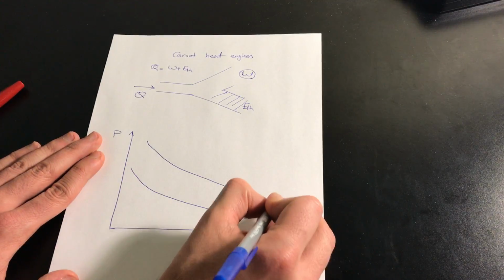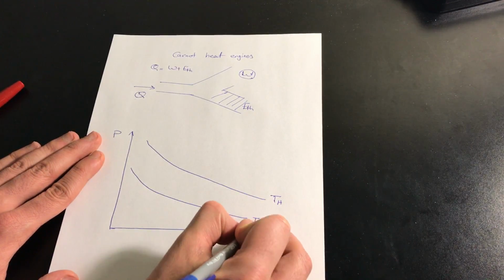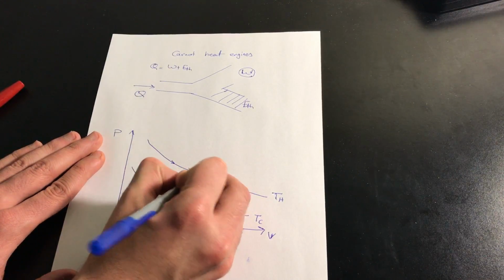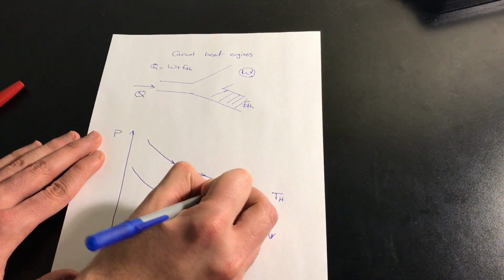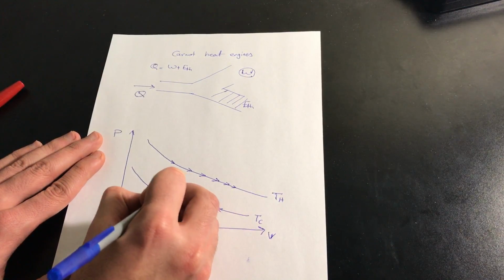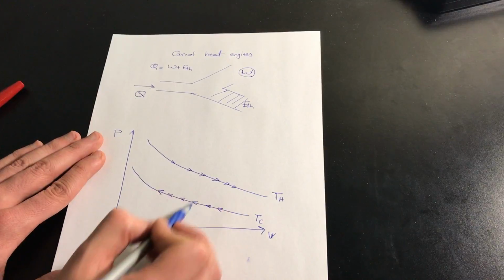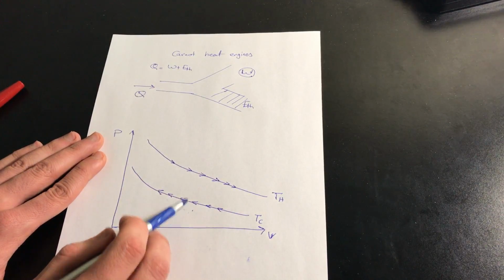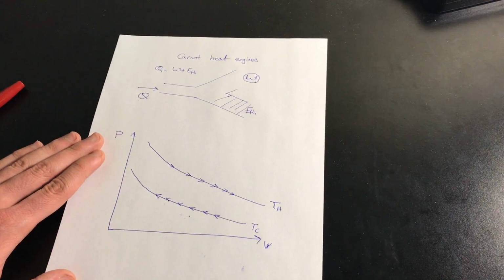This is the hot temperature and this is the cold temperature. Now the first process is an isothermal expansion, and the second process is an isothermal compression. But as you can see, we need to find a way to connect these two processes.